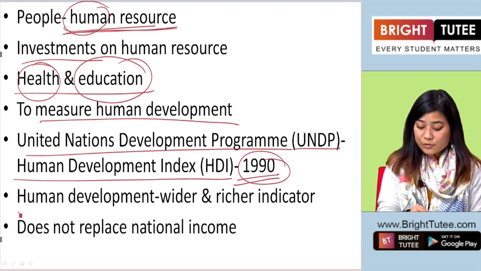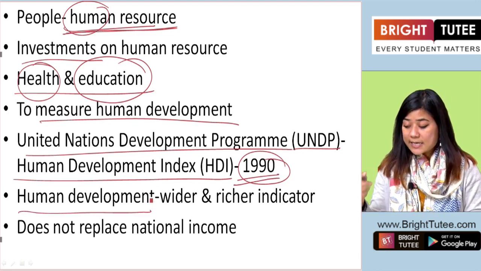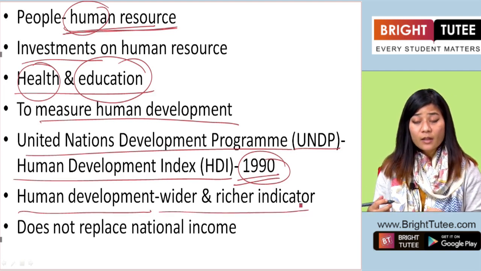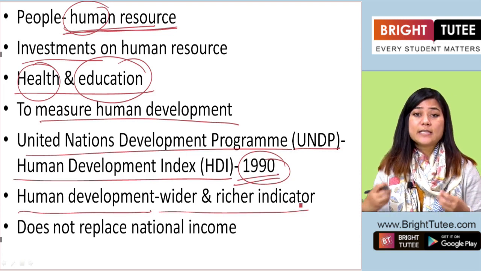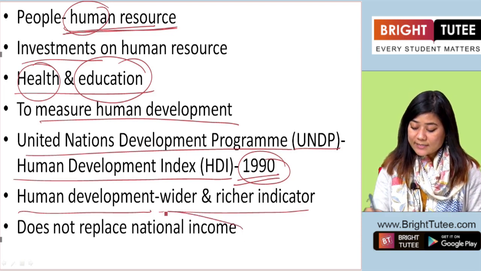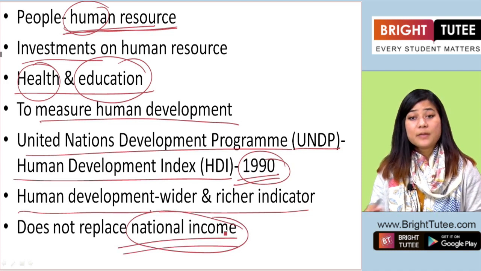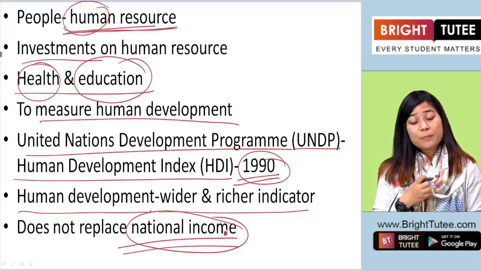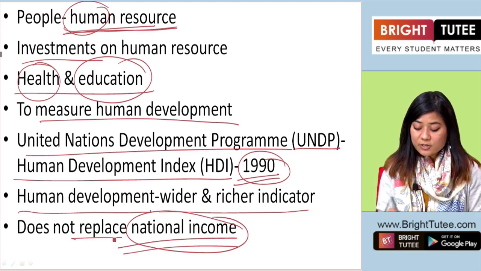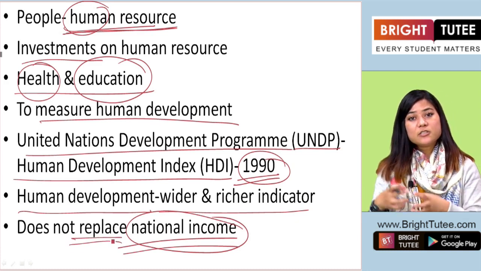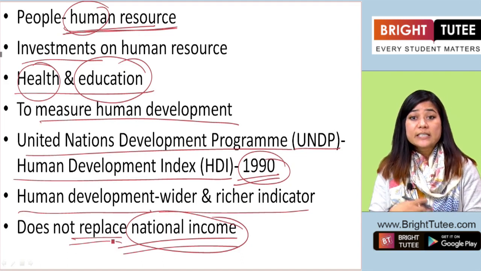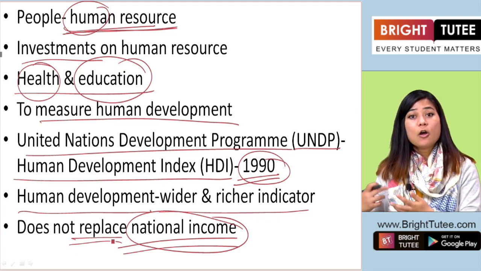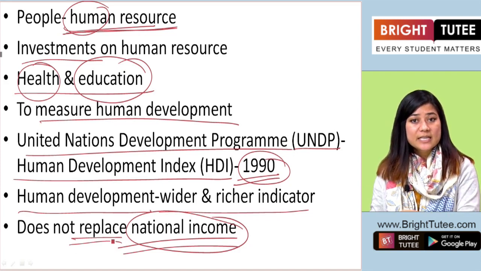Now human development is a very wide and rich indicator, meaning that it involves other indicators as well. For example, national income is also part of it, but it does not replace it. It constitutes another important key indicator along with health and education in the Human Development Index.